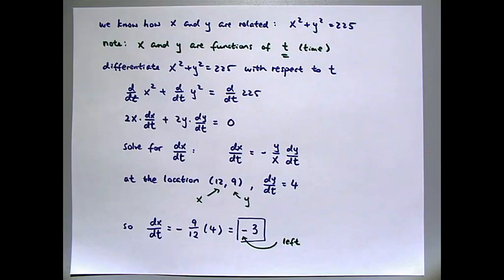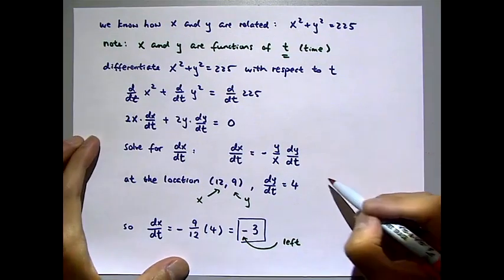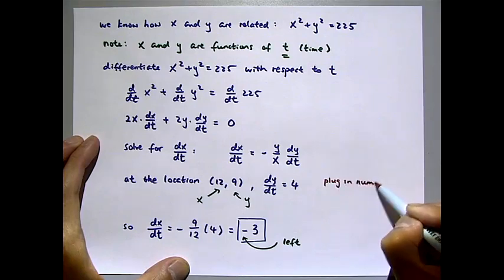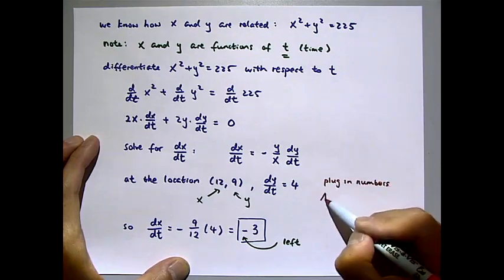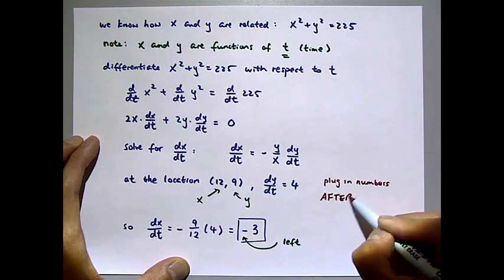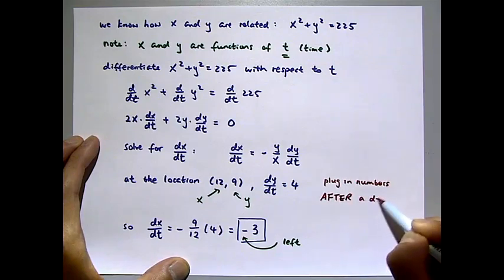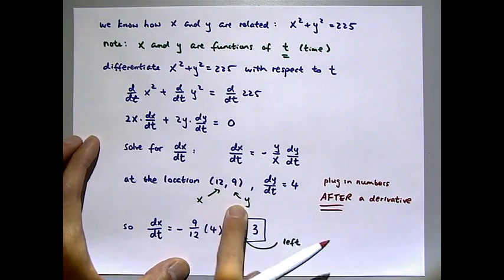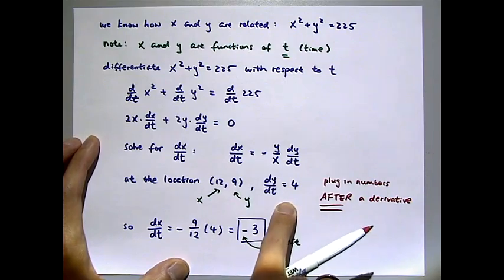One very, very important thing to note here is you can only plug in numbers after a derivative. So this x is equal to 12, y is equal to 9, and dy dt is equal to 4.